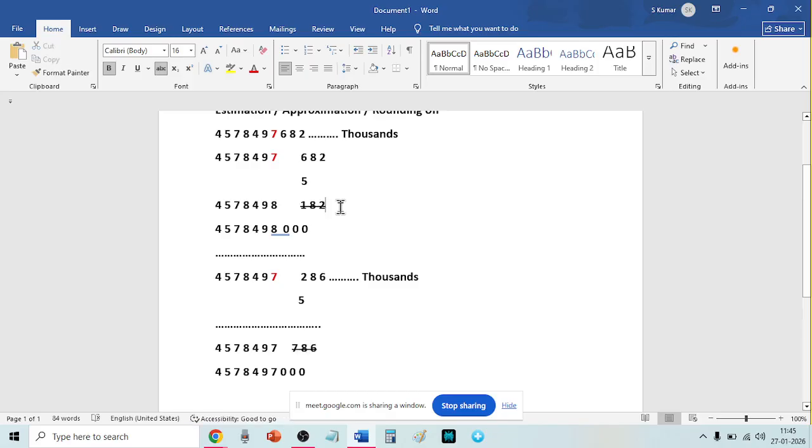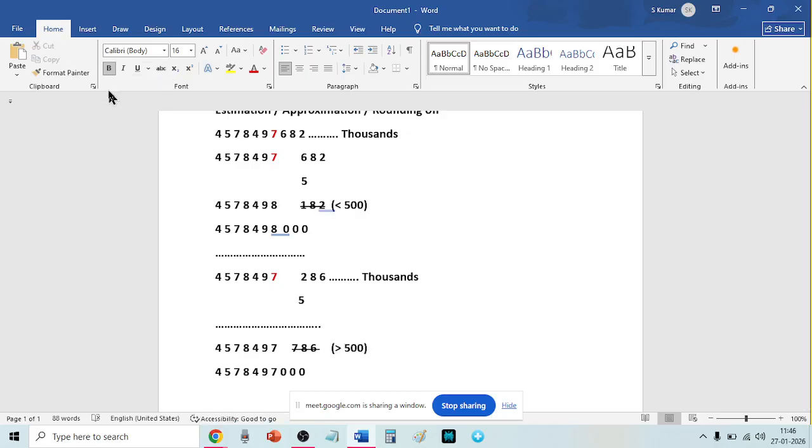This 182 is less than 500, less than half of what you're asked. 1000 is we have to do it at the thousands place, less than 500. This part will be more than 500, greater than 500.